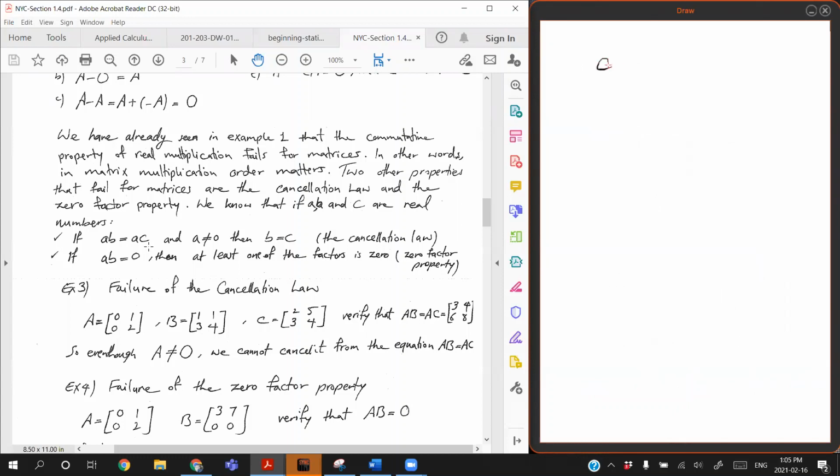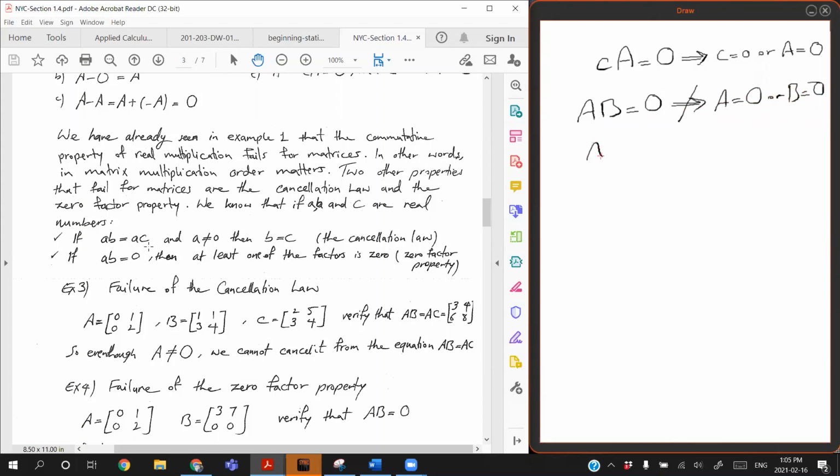If you have a scalar C times A, and that is equal to the 0 matrix, that implies that either C is the number 0 or A is the matrix 0. However, if you have AB equal to 0, that does not imply that A is 0 or B is the 0 matrix.